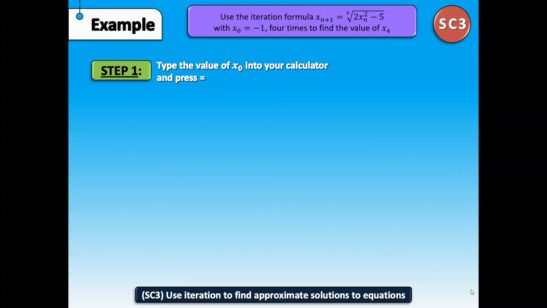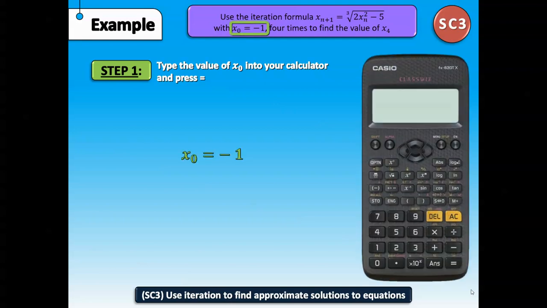So step 1, type the value of x_0 into your calculator and press equals. So on our calculator, we're going to type in minus 1, then press equals.